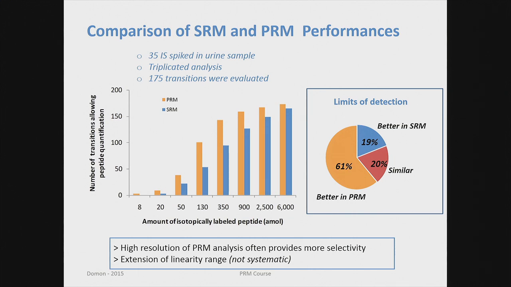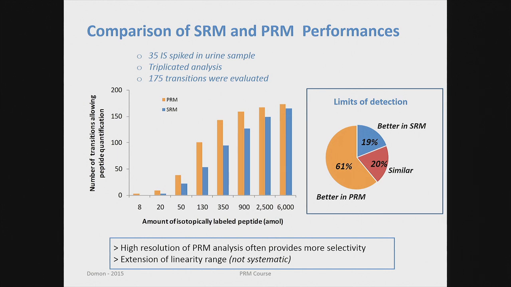That means that for the signals of 170 fragments, we tried to assess the best we can, using all kinds of quality control, which ones are pure signal compared to those which are potentially interfered, right? And try to make a call where PRM outperforms SRM.